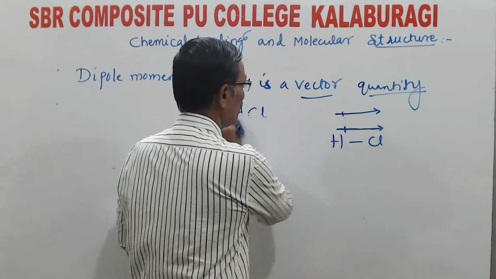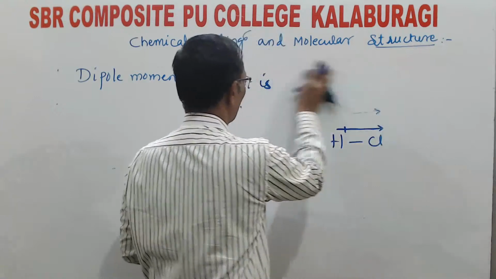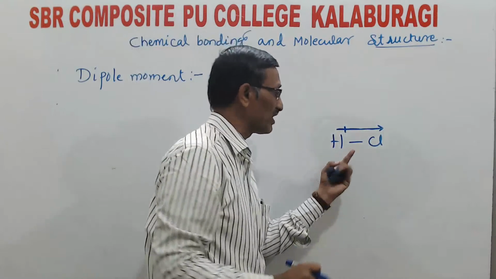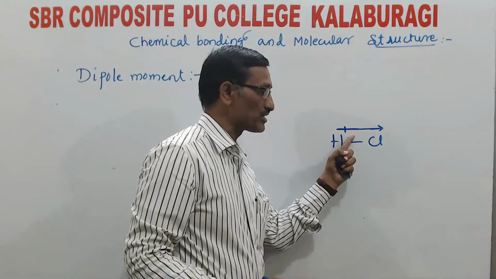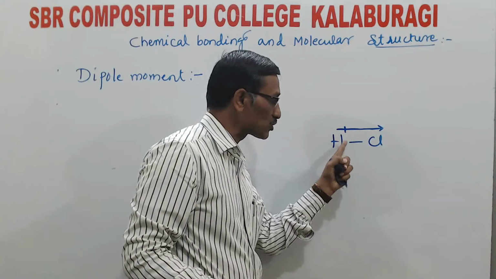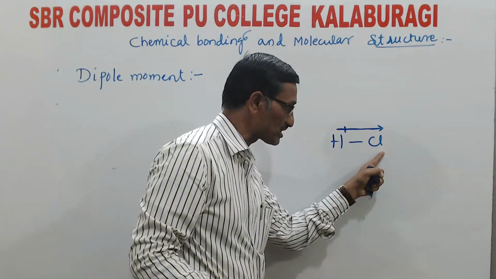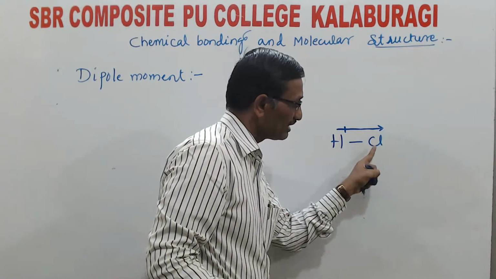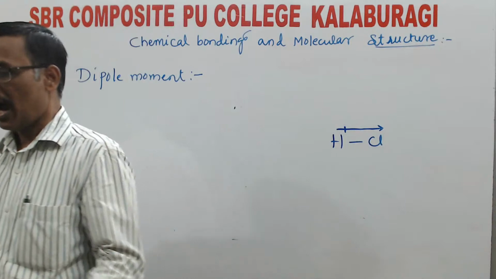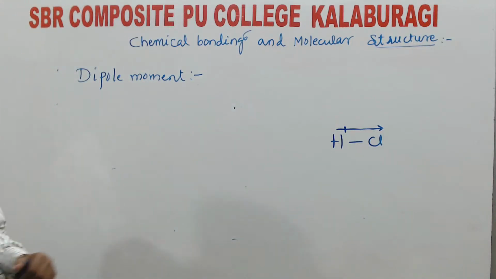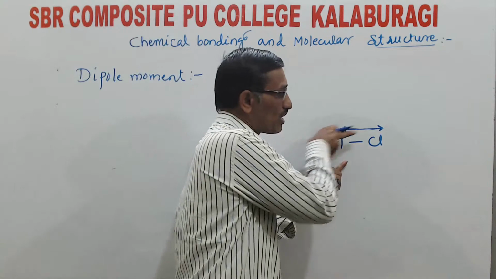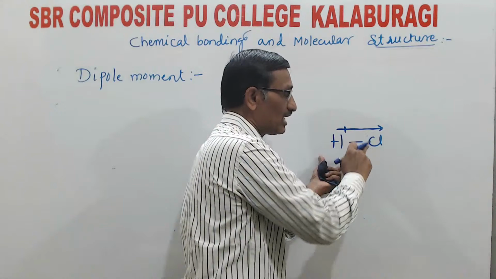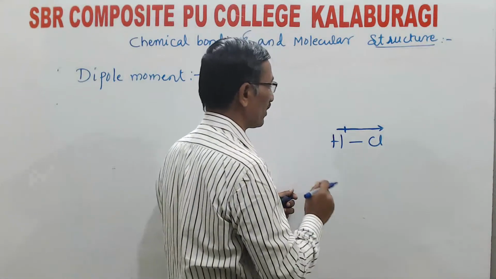Therefore, as a vector quantity, electron density goes from the less electronegative towards the more electronegative side, from the positive center towards the negative center. A small arrow with the tail is taken, pointing with its head towards the more electronegative atom side. This is the way of representing the dipole moment.